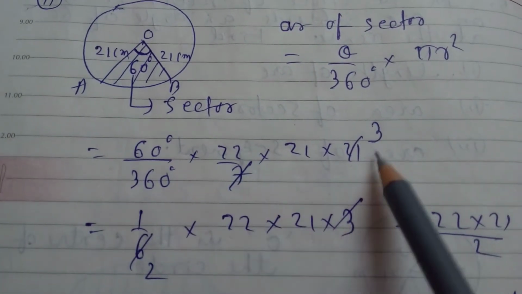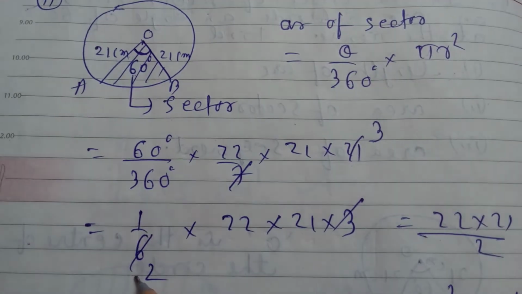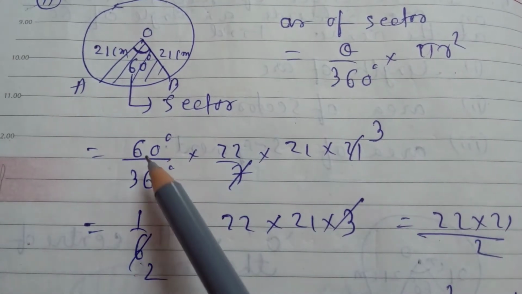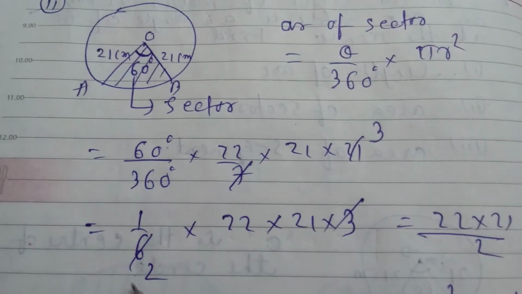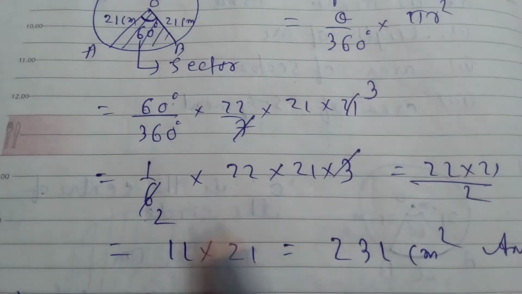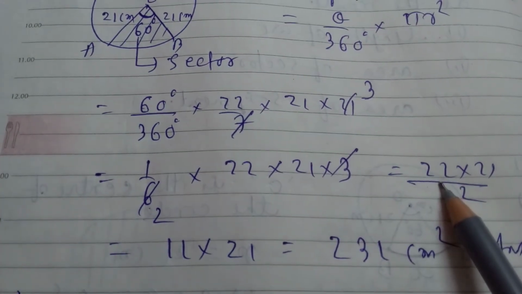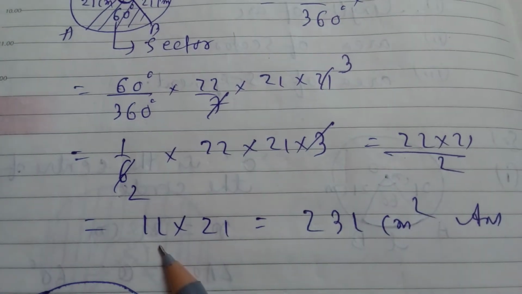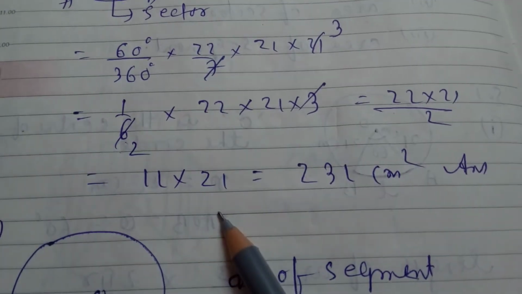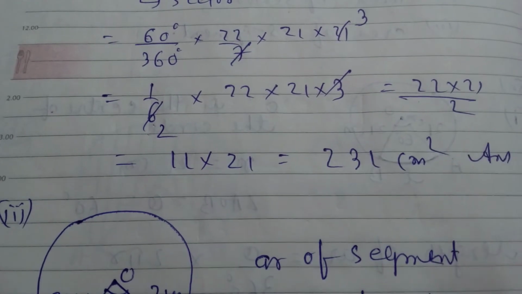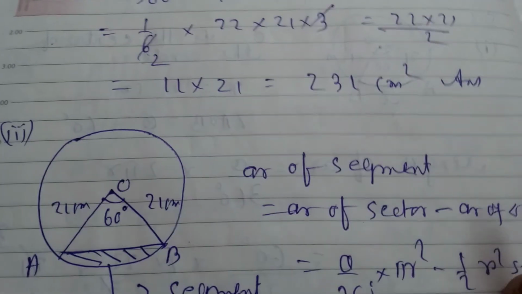Now 7 3s are 21, 1 6 here will be 1 by 6 because 0 0 cancel, 6 6s are 36. 1 by 6 into 22 into 21 into 3. 3 2s are 6. So it remains 22 into 21 by 2. 2 11s are 22. 11 into 21, that is 231 centimeter square. Answer.